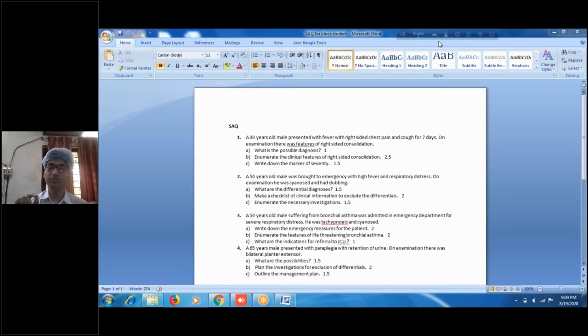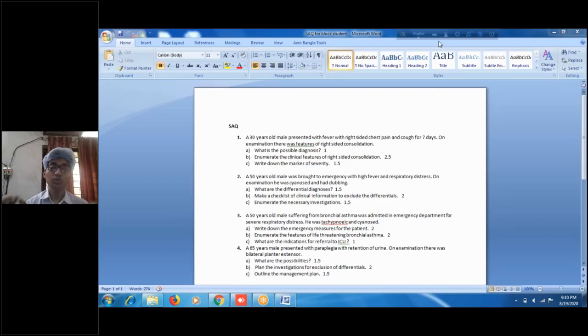Sometimes you will get questions where you are asked to write what is the diagnosis, and sometimes you are asked to write the differential diagnoses. So when the intention is only to write a single diagnosis, and if your first diagnosis is wrong, very reasonably the subsequent answers of B or C will be wrong, and you will score nothing by writing all the SAQ, and you have wasted so much time.